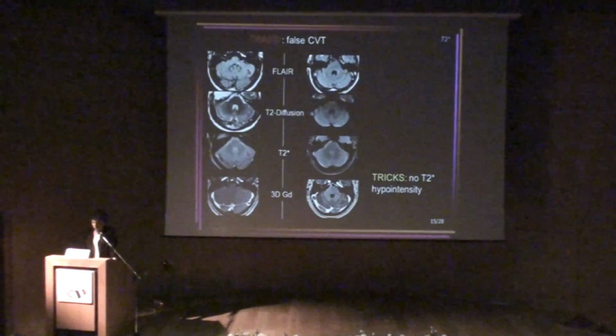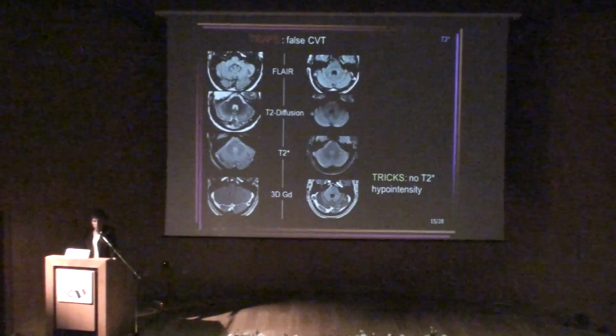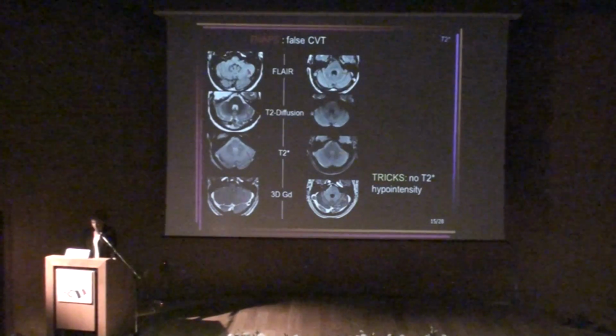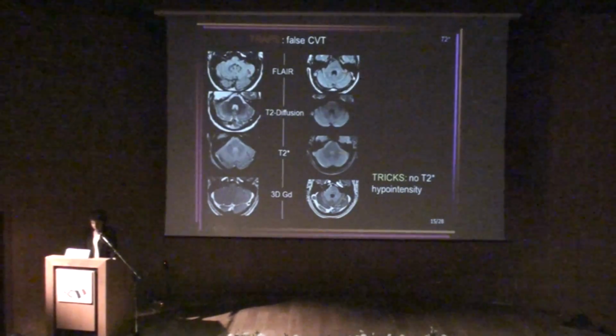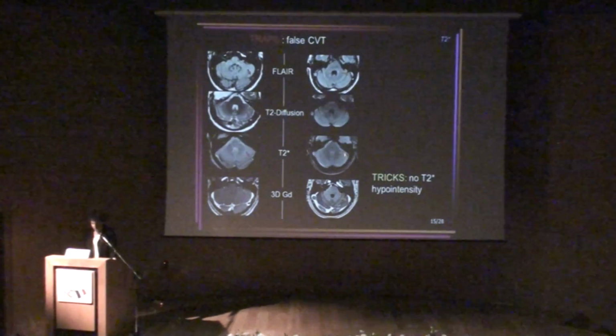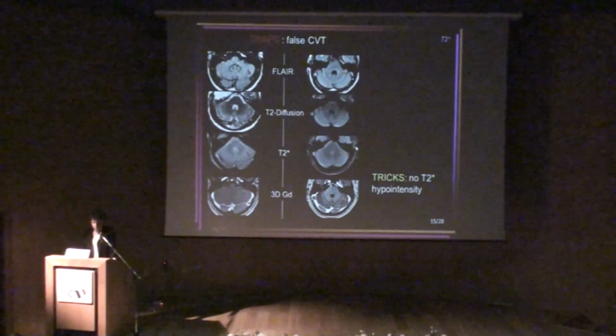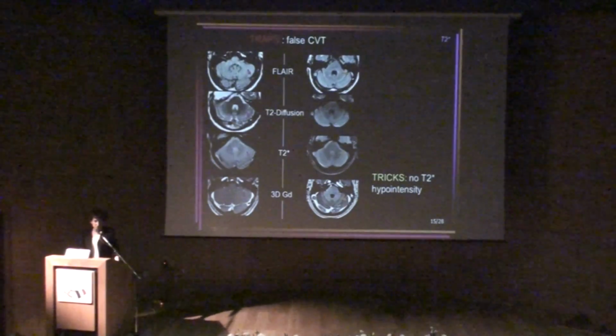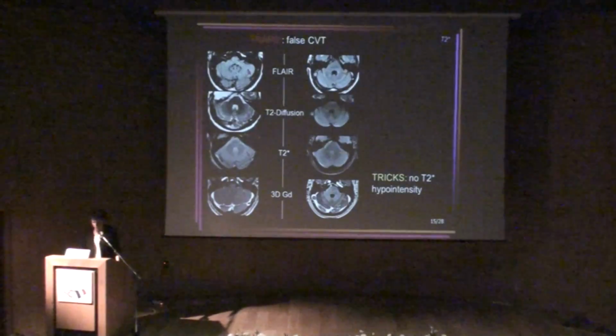Second thing, which is a little bit easier, is a hypoplasia of the left dural sinus, which very often appears bright on FLAIR sequence, and again, it's not dark on T2 star weighted sequence. And of course, if you proceed to gadolinium injection, it will enhance normally.